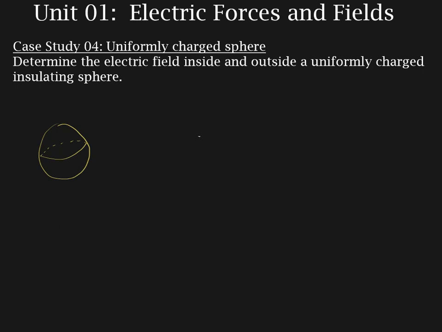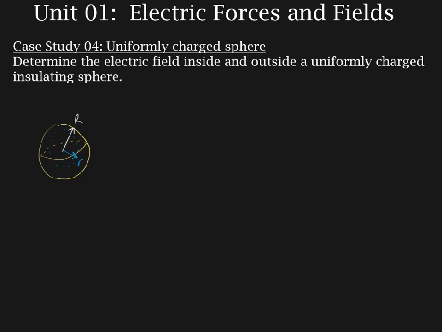The sphere is going to have a radius of capital R, and our Gaussian surface, our Gaussian sphere, is going to have a radius of little r. This is going to be very, very important here in just a couple of minutes.